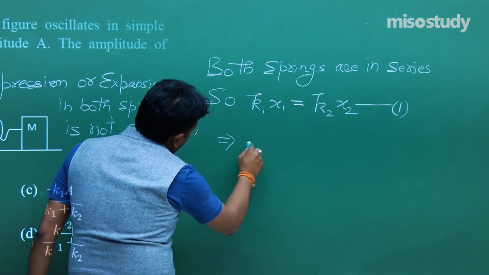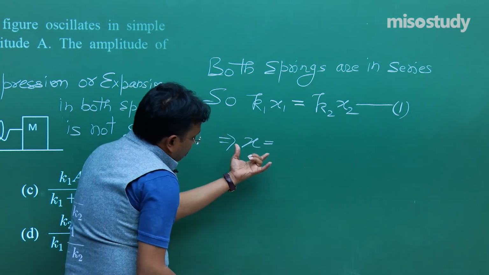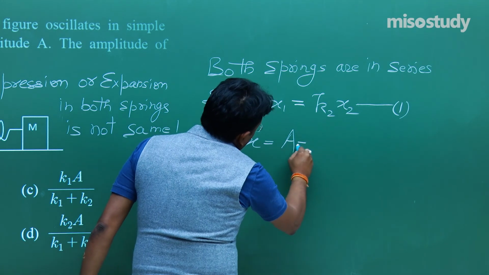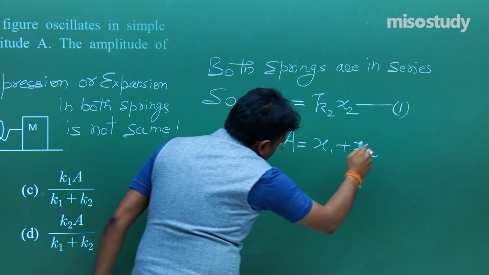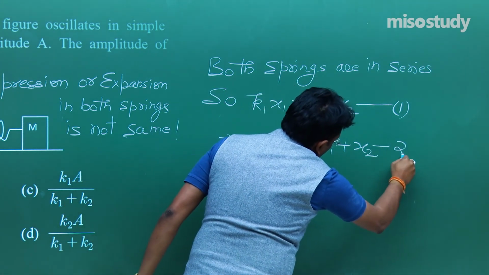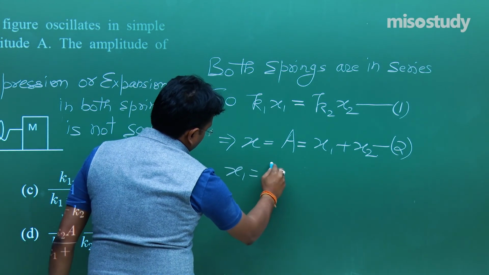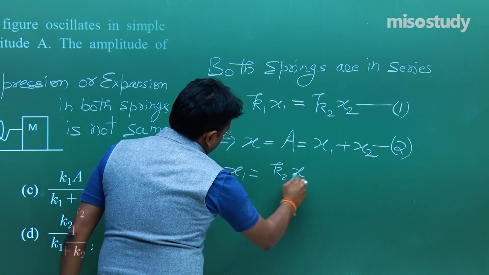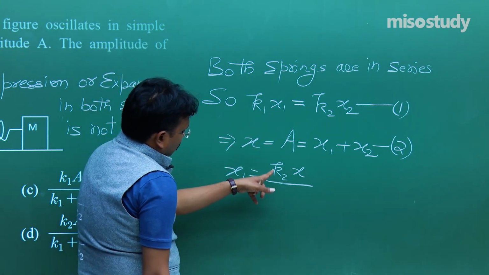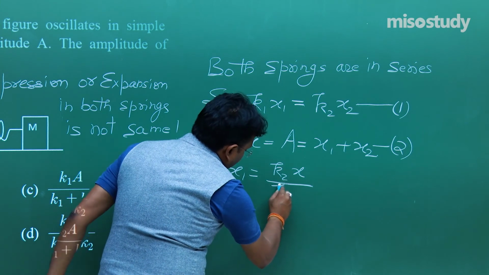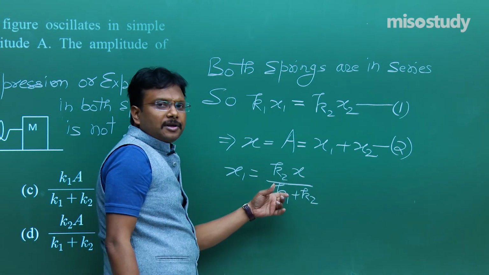Reason is clear. That's why I mentioned this formula. It means x is equal to net x. X is equal to A, which is nothing but x1 plus x2, equation number 2. Now x1 is equal to K2x upon K1 plus K2, using equation number 1 with 2, a simple arrangement of terms, nothing else.